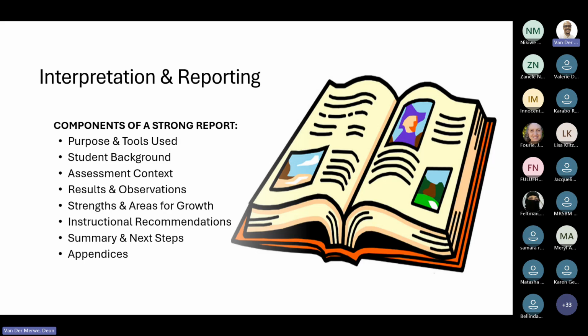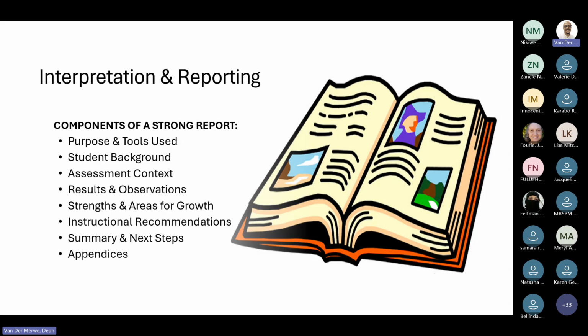And here's just a breakdown of this process, where it has an introduction to the assessment. And in the introduction, you give the purpose of the assessment, where you briefly explain why the reading assessment was conducted.